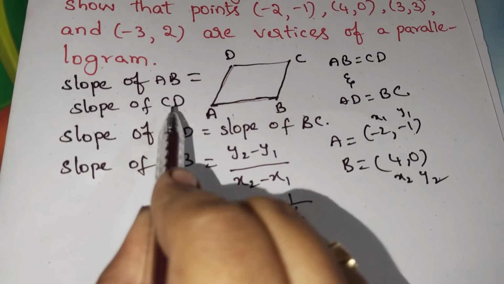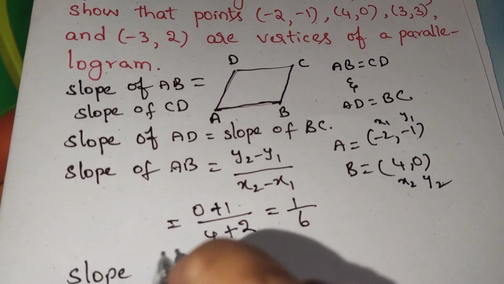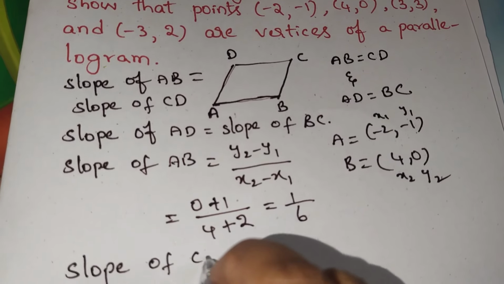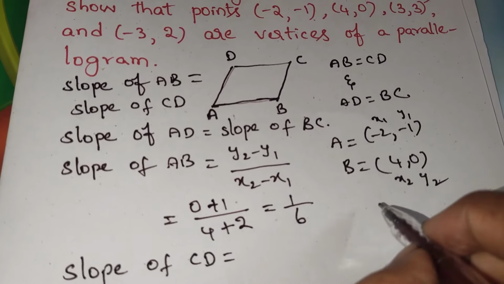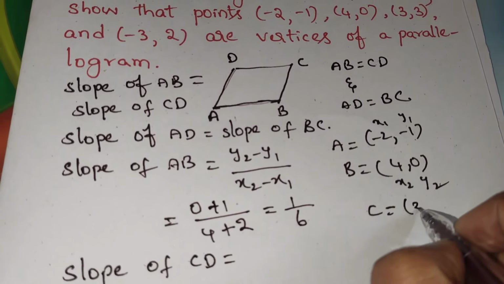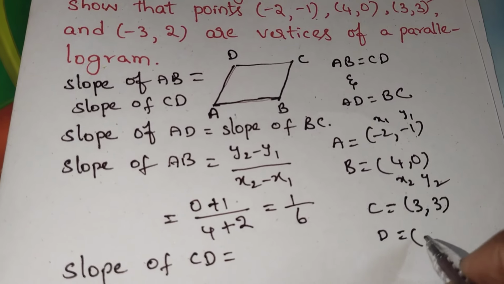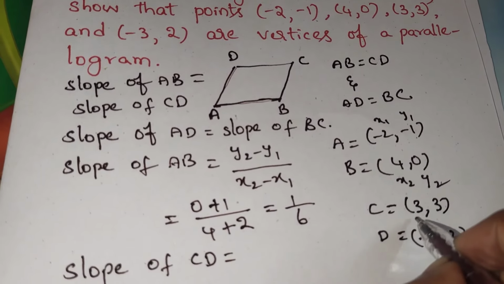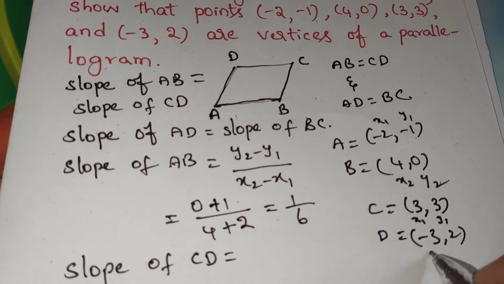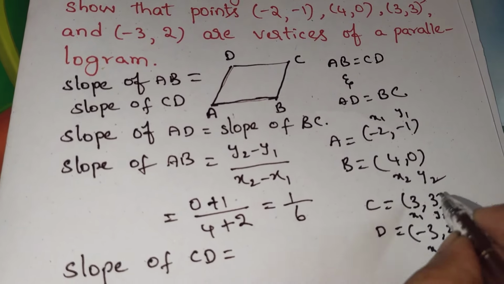Next, the slope of CD. Write the C point: C is (3, 3). D point is (-3, 2). Identify x1, y1, x2, y2. Write in the formula y2 minus y1.